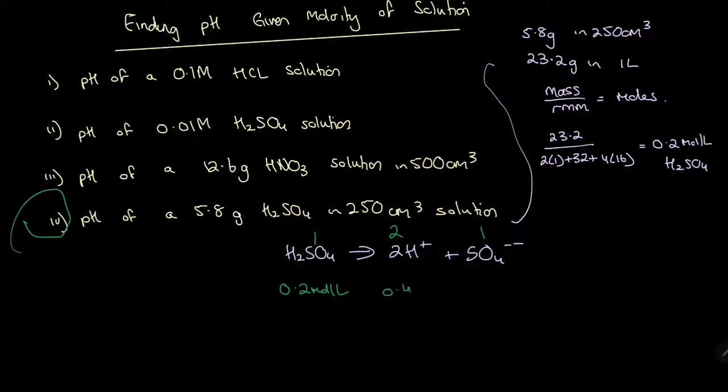We're going to have 0.4 moles per litre of the hydrogen ion and 0.2 moles per litre of the sulfate. So knowing our concentration of the hydrogen ion, or the amount of protons, we can find out our pH. Put that into the calculator and we're going to get a pH of 0.4.